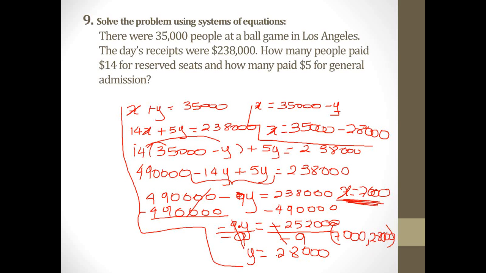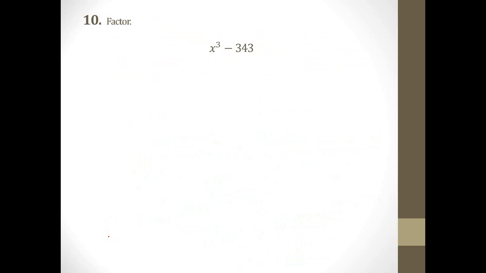So 28,000 people paid for general admission. In your booklet, it's going to be answer A. Okay? No questions? Okay, so let's go to the next slide.